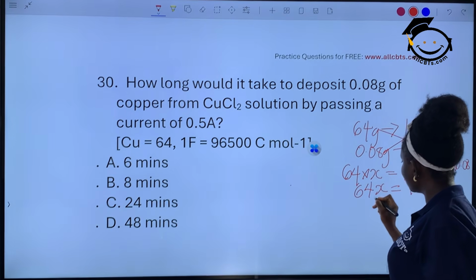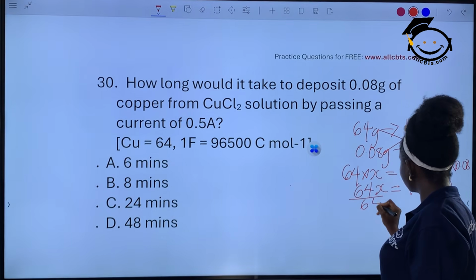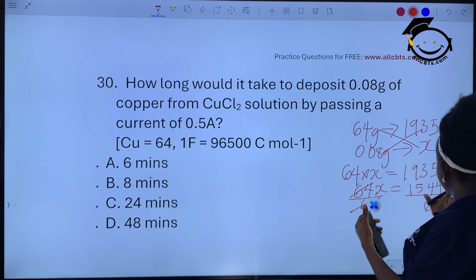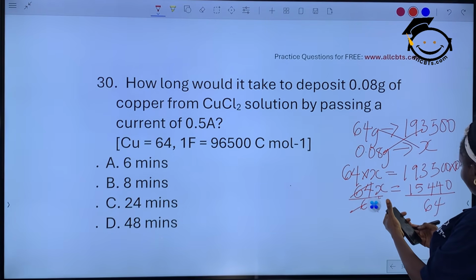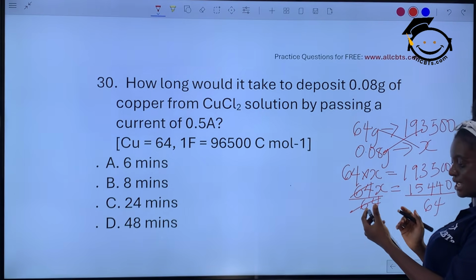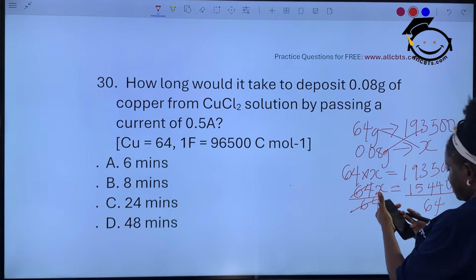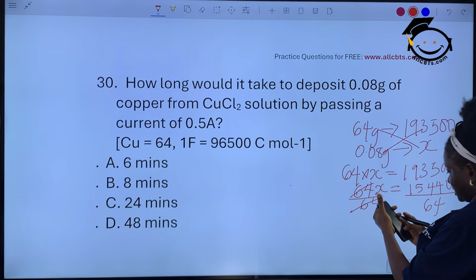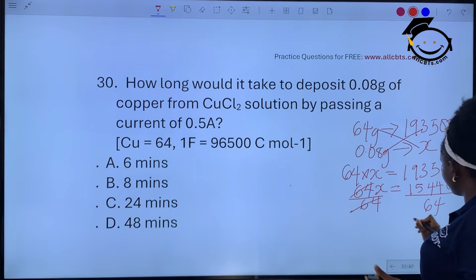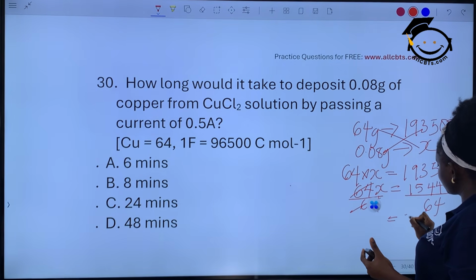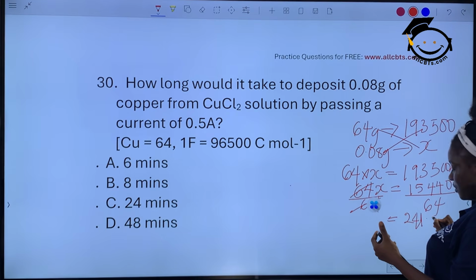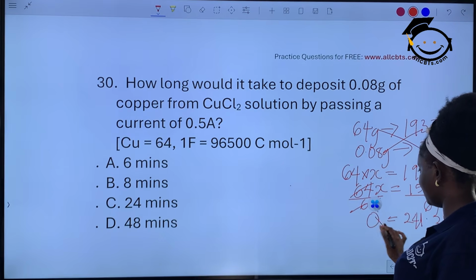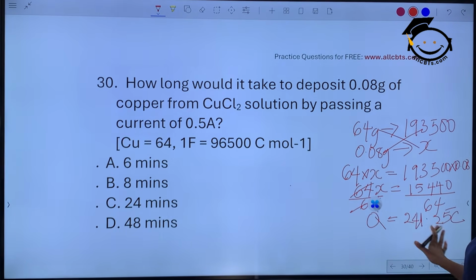To make x the subject of formula, divide both sides by 64. So we have x is equal to 15,440 divided by 64. If you press your calculator correctly, you have 241.25. So this is our charge represented as this.